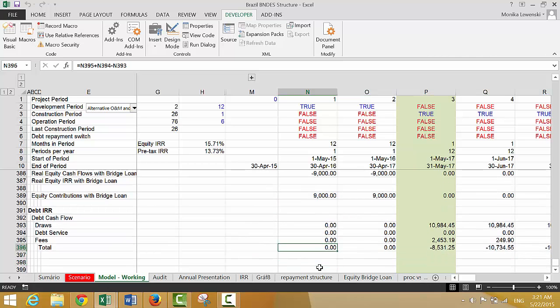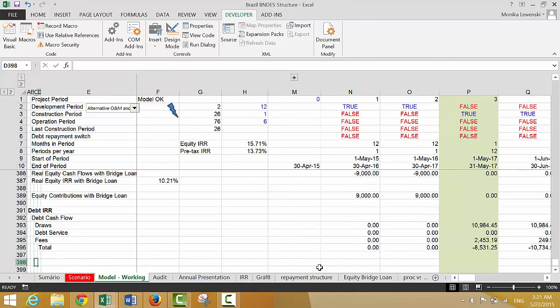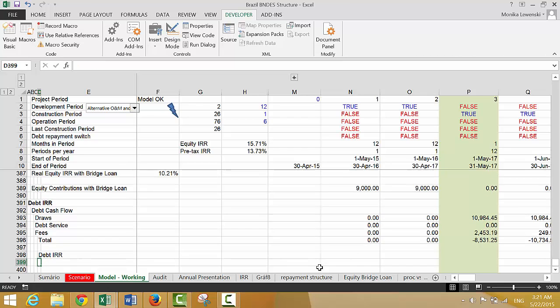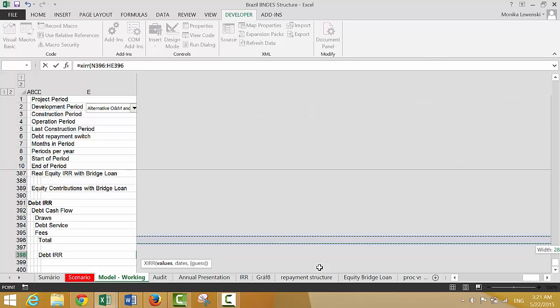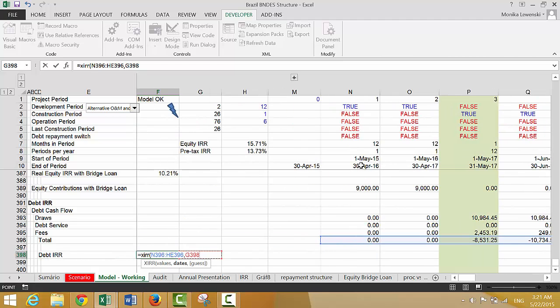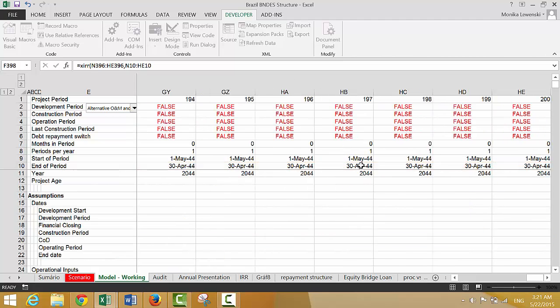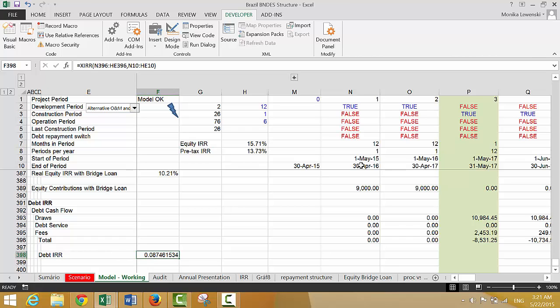Okay, and then when we have one of these, we have to put a minus 0.0001, and we can put debt IRR equal XIRR. Okay, and this time, if you have some zeros at the bottom, it doesn't affect the IRR.